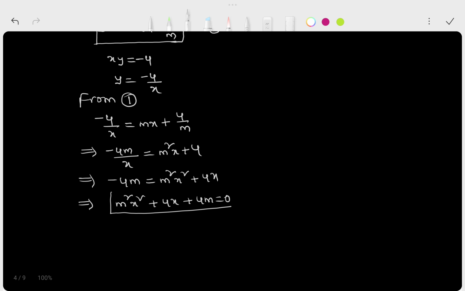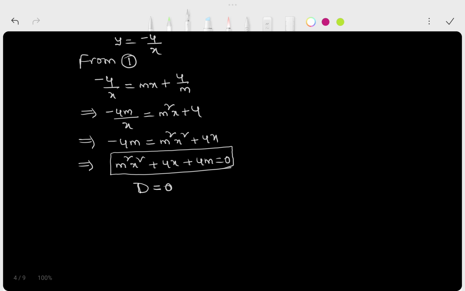Whenever the same line is a common tangent to both, this equation will have equal roots. Equal roots means the discriminant will be equal to 0. What is the discriminant value? b square minus 4ac is equal to 0. So b square value is 4 whole square is equal to 4 into ac.